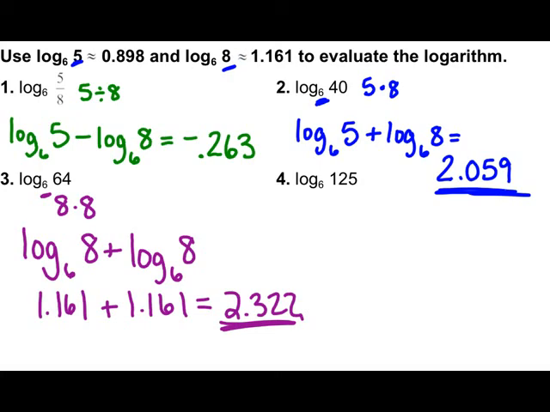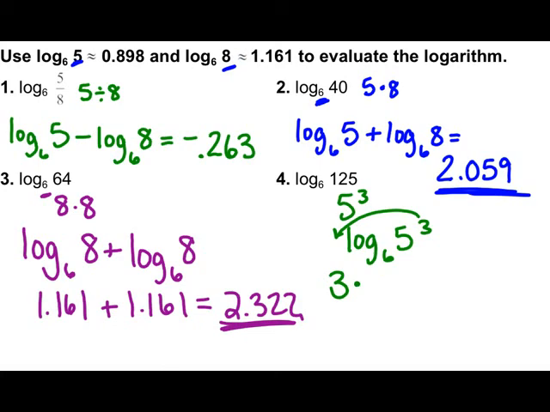Okay, let's try one more of these and then we'll move on to something else. 125. Well, I know I can't make an 8 into 125. I know that 5 times 5 is 25. And I know that 25 times another 5 would be 125. So this is really 5 to the third. So if I write that, that's log base 6 of 5 to the third. My exponent's going to come down in front using the power rule.